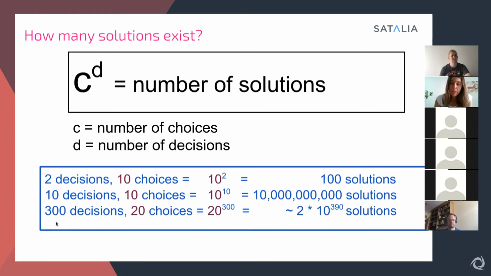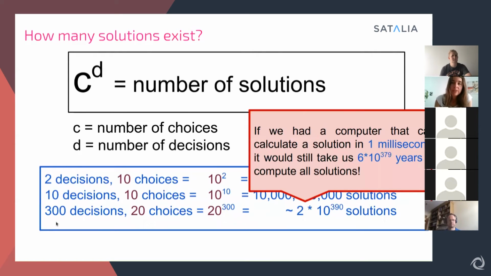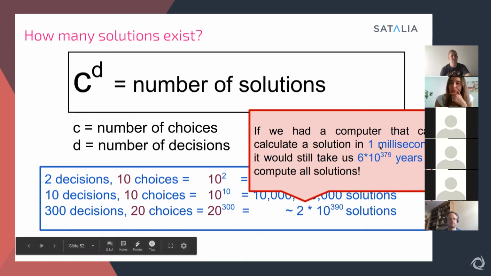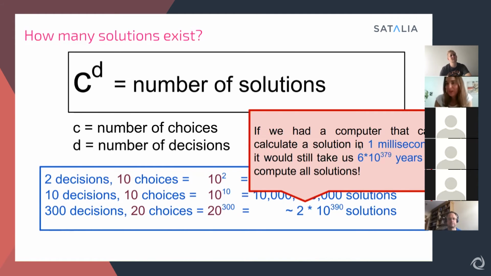What we also have to bear in mind is, even if we had a computer that could calculate a solution extremely quickly, it would still take billions of years to compute all of those solutions. And even if we improve our systems by another, let's say, 8 figures, it would still not make any significant difference.